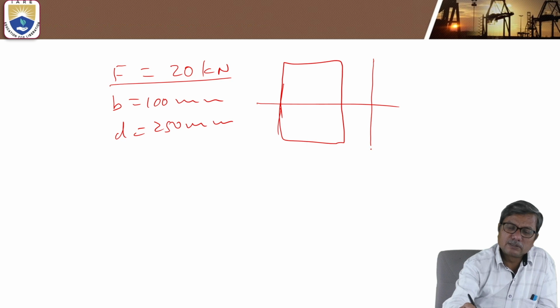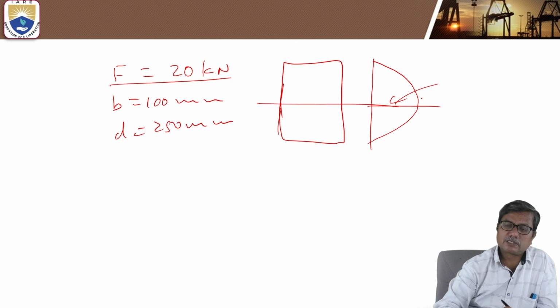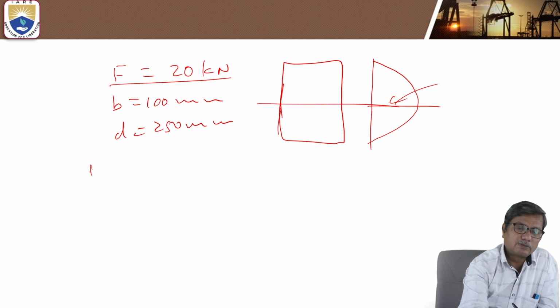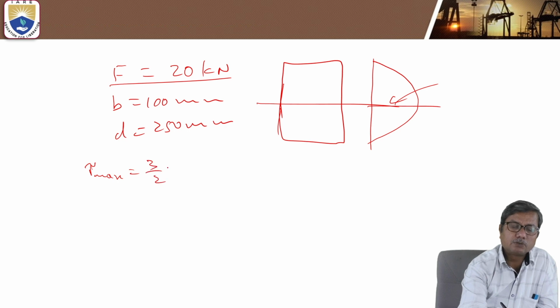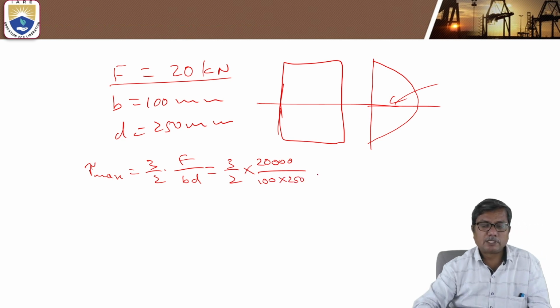Just now we have seen the distribution here: 0 at top and bottom, and maximum at the neutral axis. And what is that maximum shear stress? 3 by 2 into F by BD. So here F is 20 kilonewtons, that is 20,000 into 100 divided by 100 into 250 area.